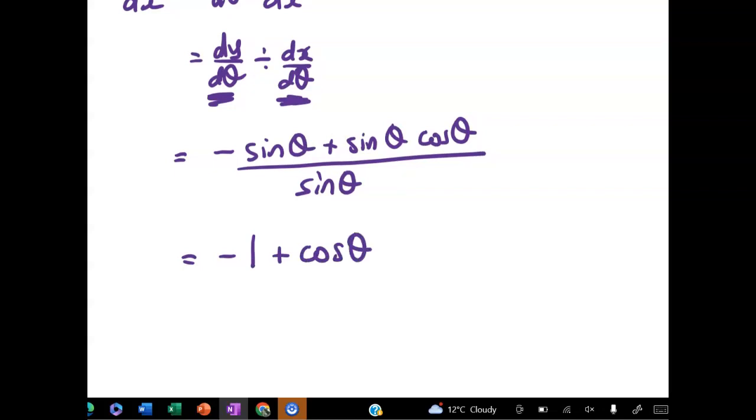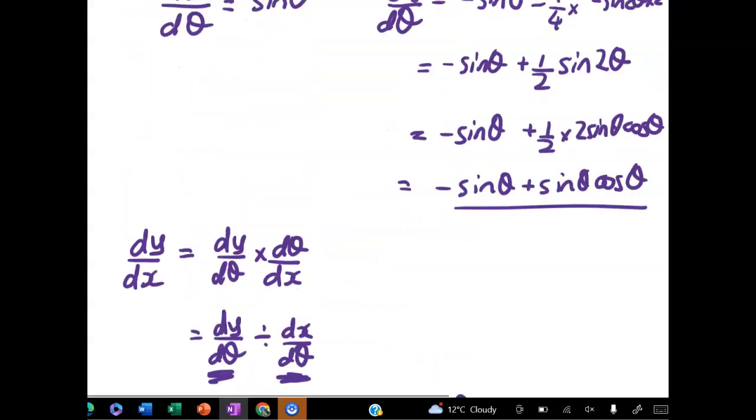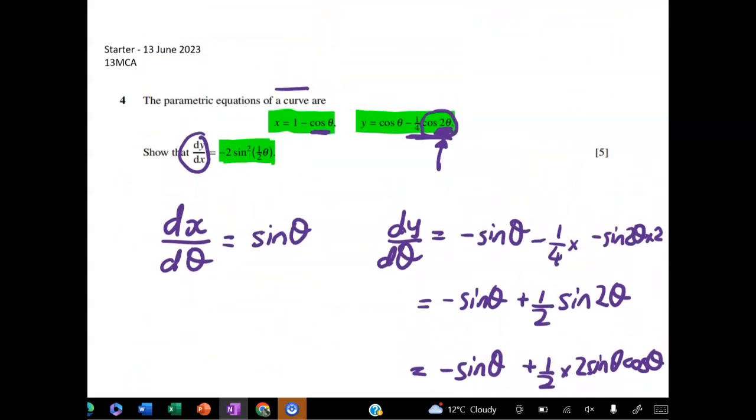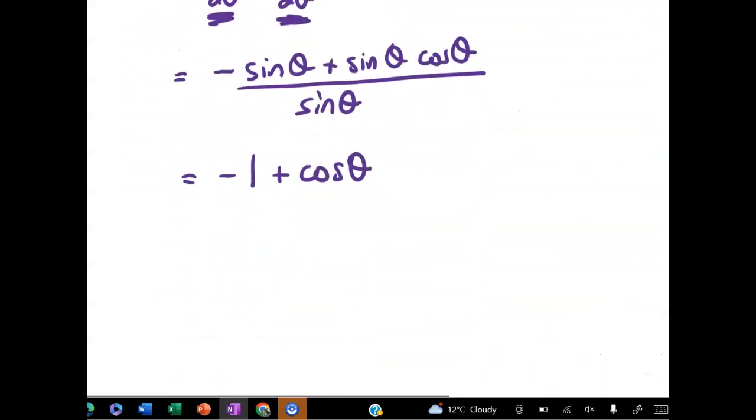Now let's have a look at the question and see what we were asked to show, because it definitely wasn't that. We're asked to show that dy by dx is equal to this. You can see that you've got a half of theta in there, and that's your clue to recognise that we need to apply the double angle formula, but not to 2 theta, but to theta. And it's a show that question, so we actually need to do some steps.